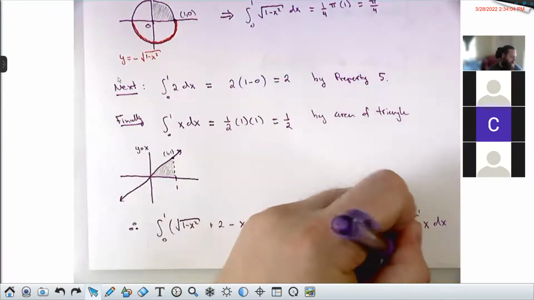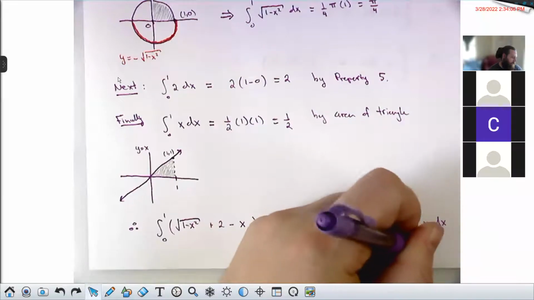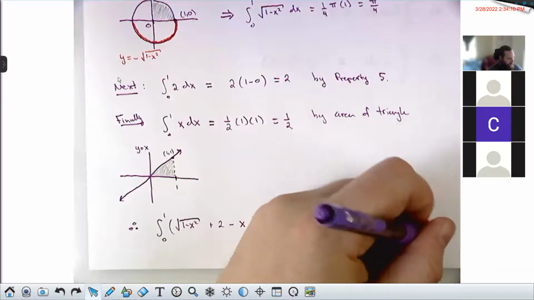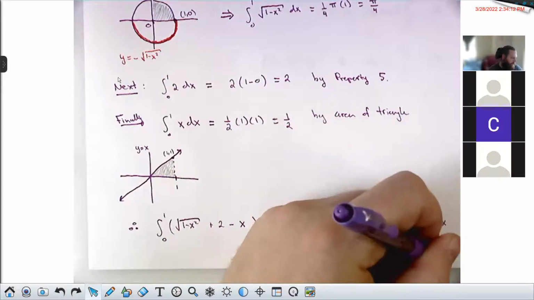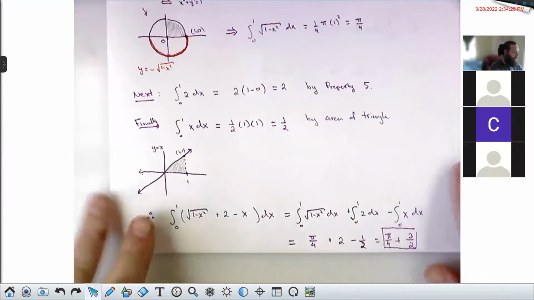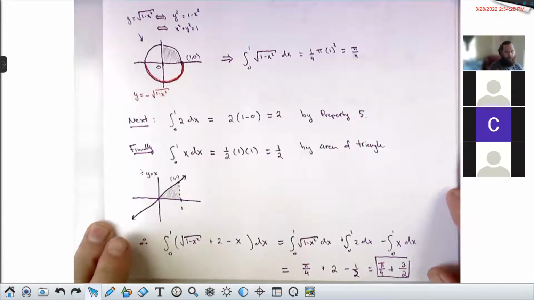And that's the same as pi over 4 plus 3/2. Nothing too crazy, but it does require splitting up and using the properties of the definite integral and knowing some graphs. Questions on any of these bits?